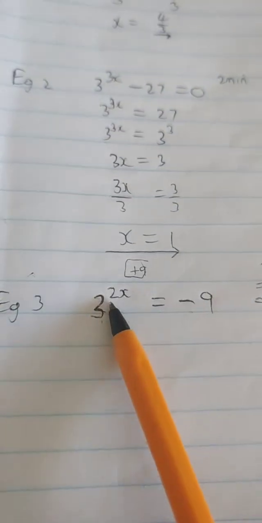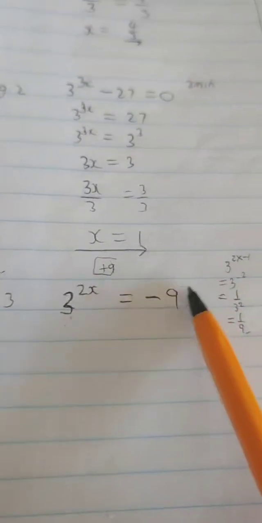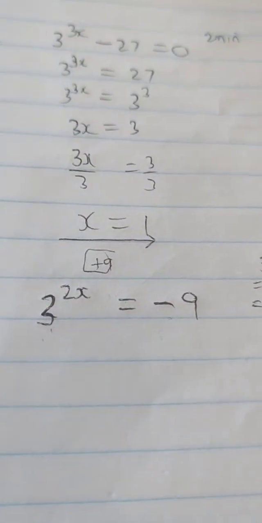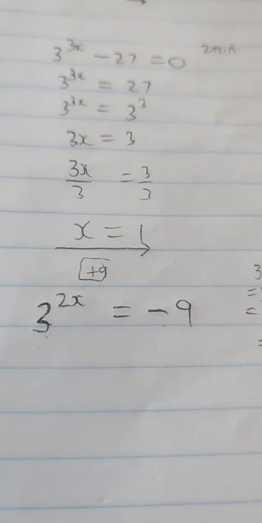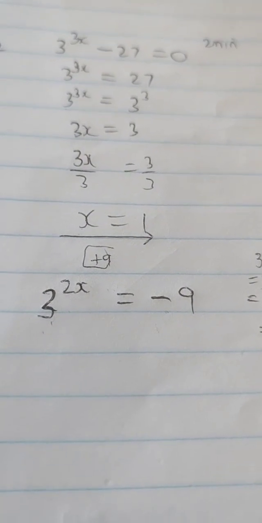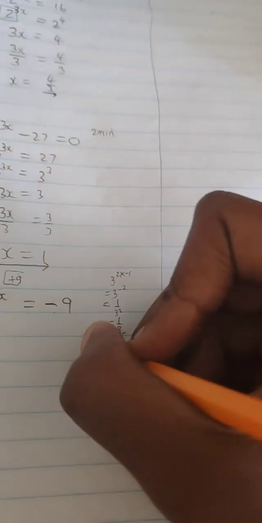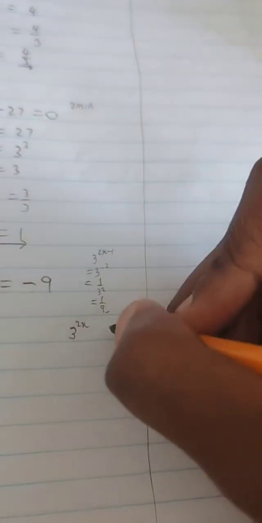But the moment you have a base that is positive and the other one is negative, that should say to you, we cannot produce such an outcome. Okay? So in other words, there is no way that 3 to the power 2x can be negative.